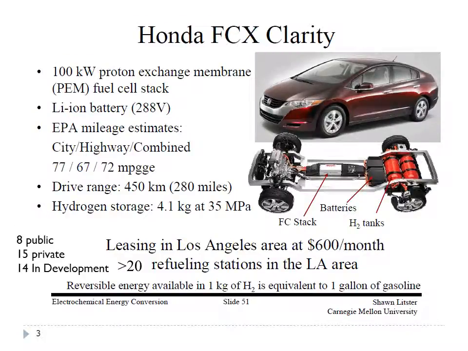And here's a zoom in on the Honda FCX. This is a fuel cell vehicle that you can lease in the Los Angeles region, and it's a 100 kilowatt proton exchange membrane fuel cell. It's also got a lithium-ion battery pack, right?